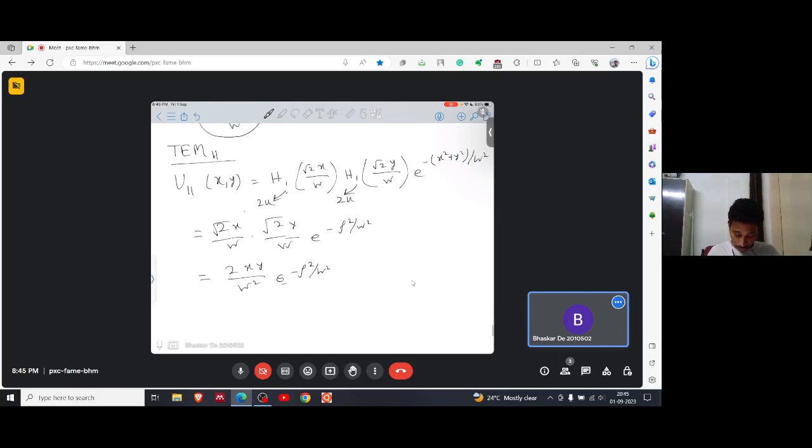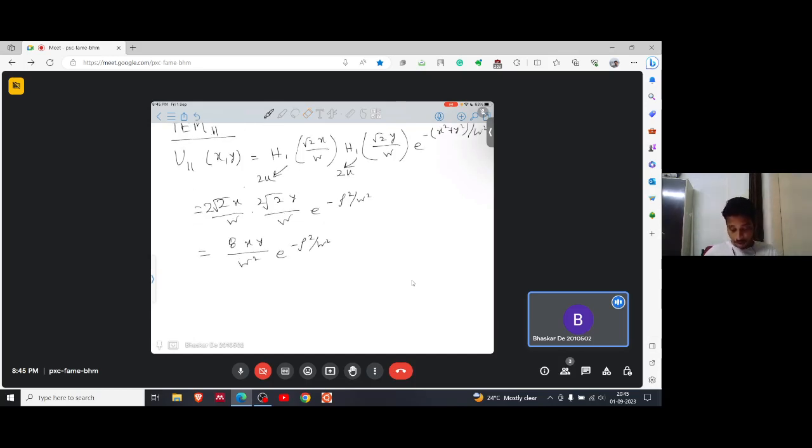Oh sorry, here it will be 2 root 2 times 2 root 2, so it will be 8xy by w square e to the minus rho square by w square. So in this way you can find out the different TEM modes.